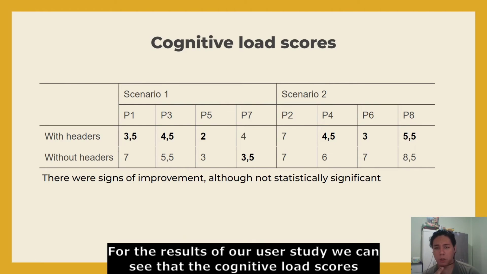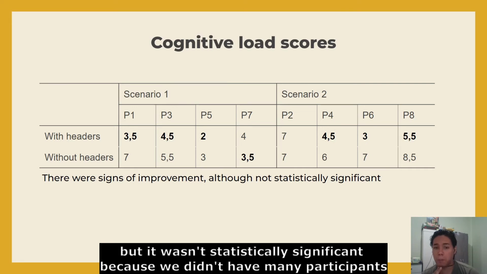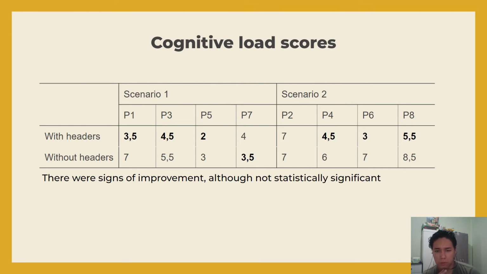So for the results of our user study, we can see that the cognitive load scores decreased in the scenario with headers, which is good, it means that they needed less effort, but it wasn't statistically significant because we didn't have that many participants.